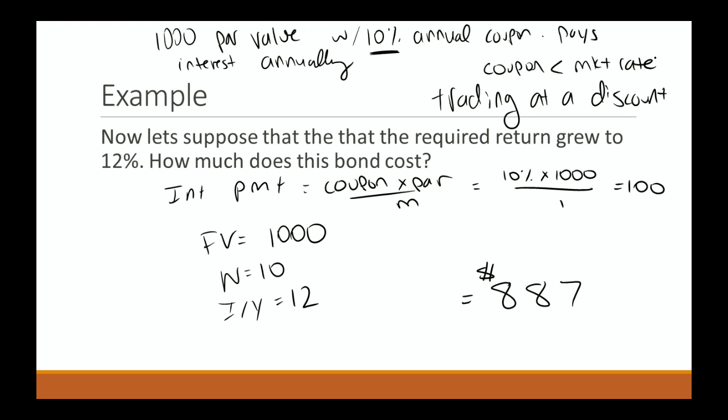So similar risk investments are paying a greater interest rate. Your bond is paying less, so it should be trading for less than its par value. So a further definition would be current market price is less than par.